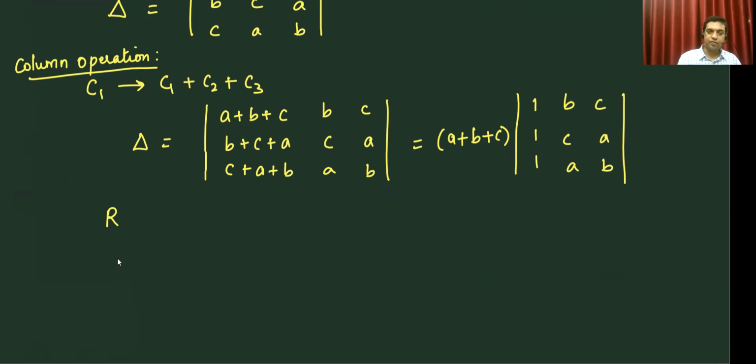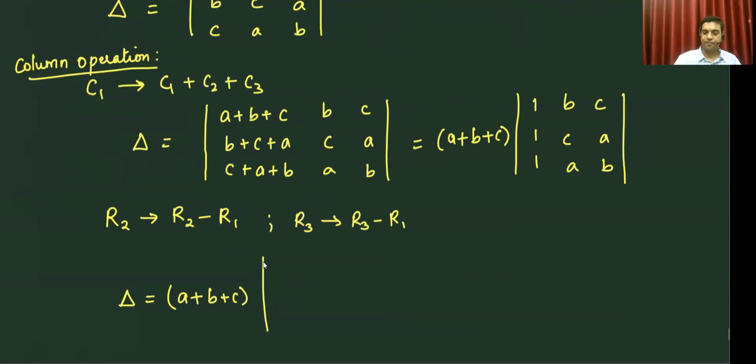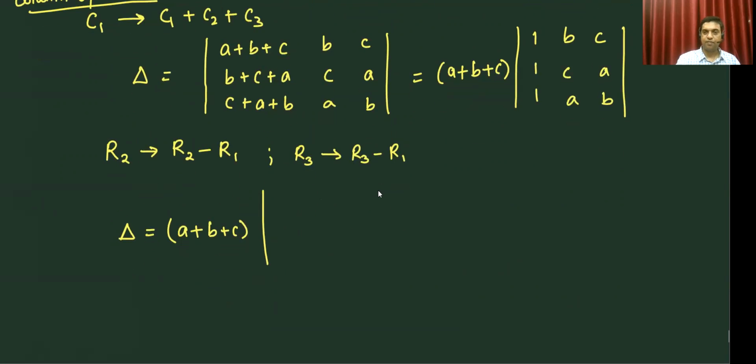All right. Now, next I will do row operation to make these two zeros. So I will do row 2 as row 2 minus row 1 and row 3 as row 3 minus row 1, or row 2 also you can do row 3 minus row 2. So I get A plus B plus C times 1, B, C. Next 1 minus 0 is 0.